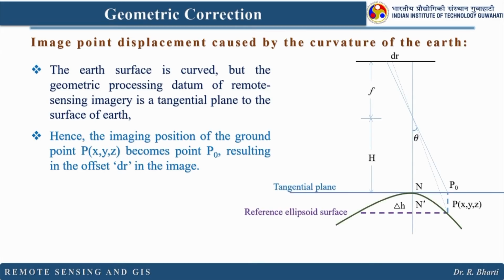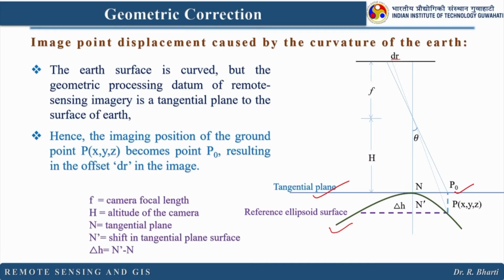You can see here is your P naught. This is your reference ellipsoid system. This is your tangent plane, right. This is very easy to understand, but it is very important in case of satellite images, because you have to take care of all this displacement and skewness.